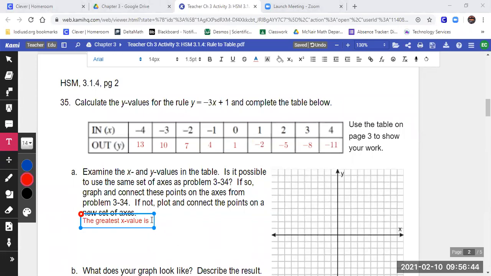4. Our greatest Y value, what's our largest Y? What's the biggest Y we had? 13.